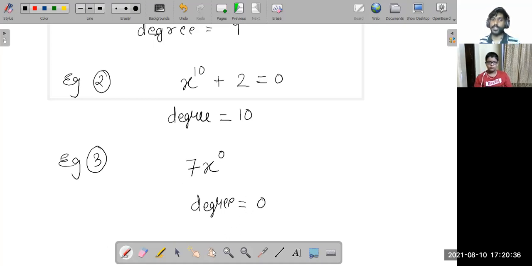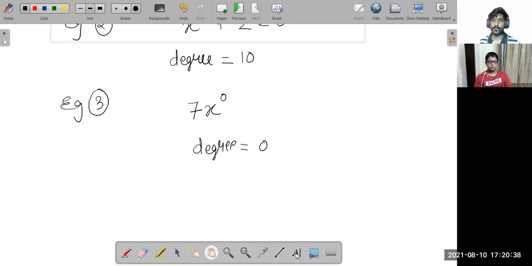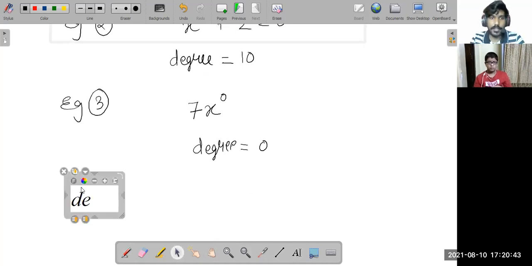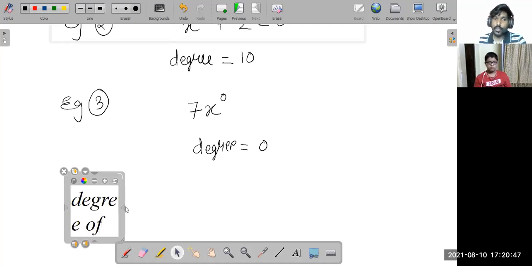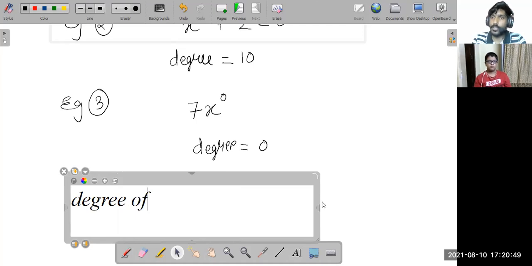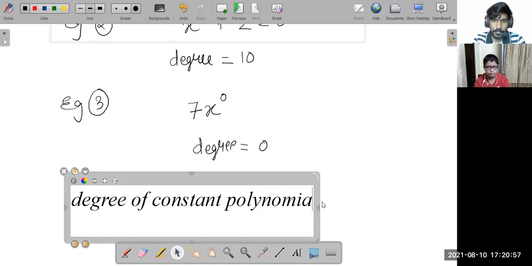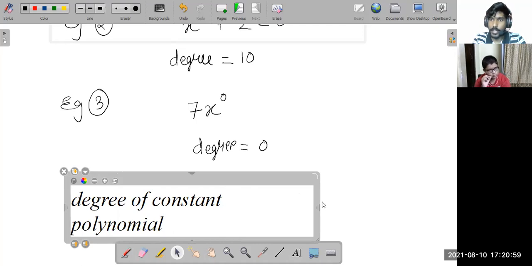So from here, one thing you have to keep in mind: when there is no variable, we call it a constant polynomial.